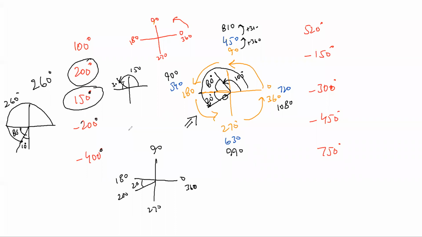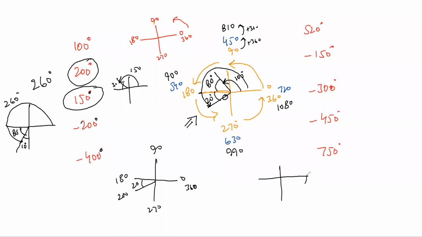Okay, next I will be asking Zuna. Yes, Zuna beta, which quadrant? This is minus 200. And what is the basic angle? It's in the second quadrant and it has a basic angle of 20 degrees. Okay, second quadrant and 20 degrees. This is absolutely right, because you must have gone clockwise.